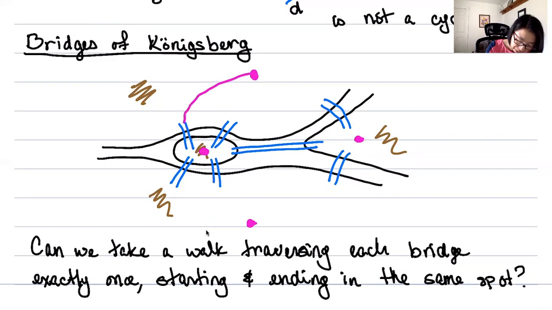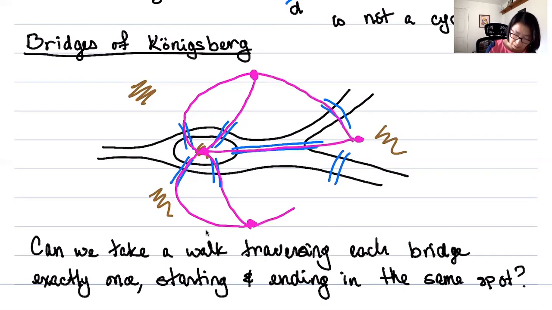This piece of land is connected to that piece of land through this bridge. This piece of land is also connected by that bridge. I have these 2 pieces of land connected by these 2 bridges. There's a bridge here, here, and here. So what I have in pink is really a pseudograph with 4 vertices and 7 edges. I'm going to redraw it off to the side. It looks, I claim, like this.